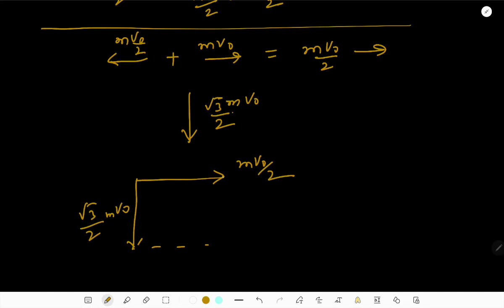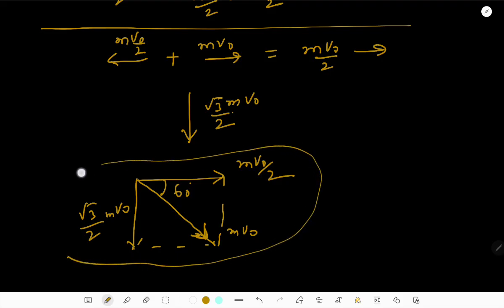That means the momentum of the wedge block system is mv0, making an angle of 60 degrees with the horizontal, because its horizontal component will be simply cos 60, that means mv0 by half, and this is sin 60. I found out the linear momentum of the wedge block system.